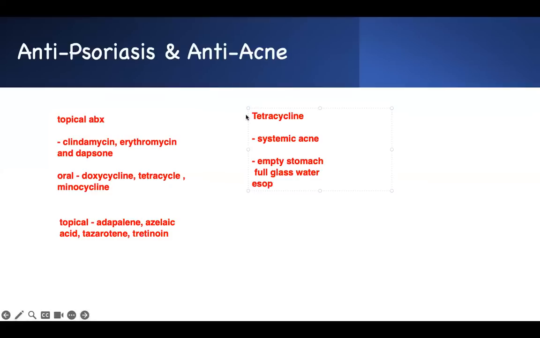It causes esophagitis, therefore remain upright for at least 30 minutes after taking it. You should avoid antacids, they are never good. You should avoid iron pills, they are never good. Avoid food with it, don't take it with food. No dairy products. All this you have to know.